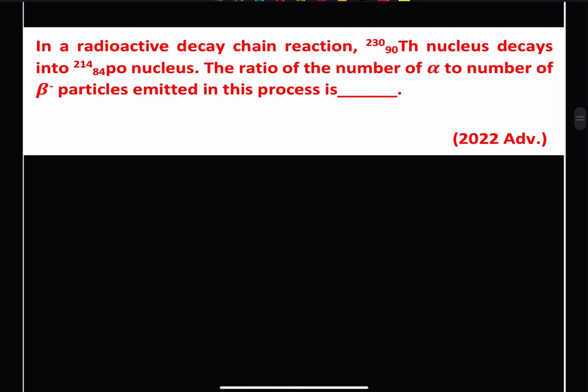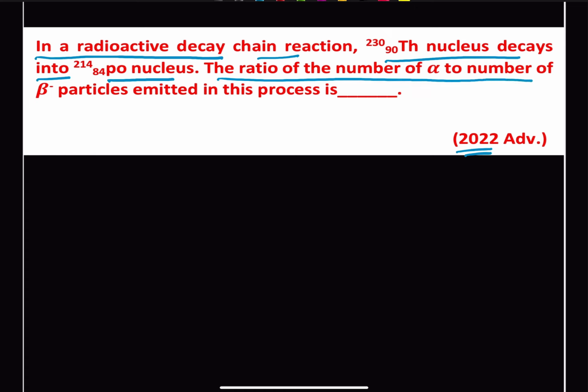It was also asked in the year 2022. In a radioactive decay chain reaction, thorium nucleus decays into a polonium nucleus. The ratio of number of alpha to the number of beta negative particles emitted in this process is.